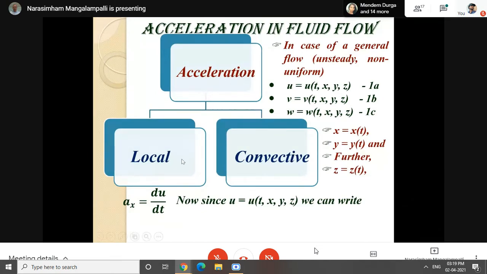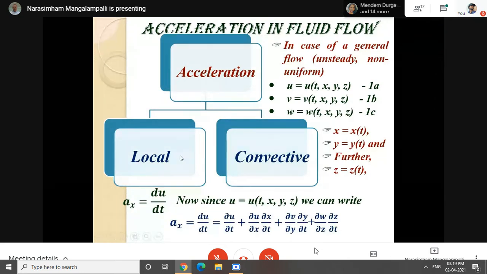Now, the acceleration in x direction is given by this expression. Ax is equal to du by dt, which is nothing but dou u by dou t plus dou u by dou x into dou x by dou t plus dou u by dou y into dou y by dou t plus dou u by dou z into dou z by dou t.